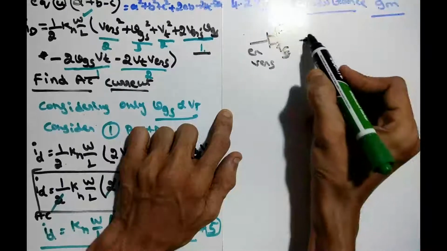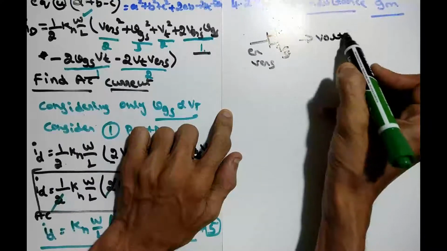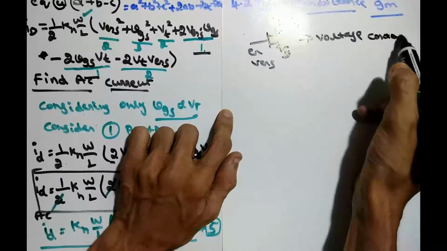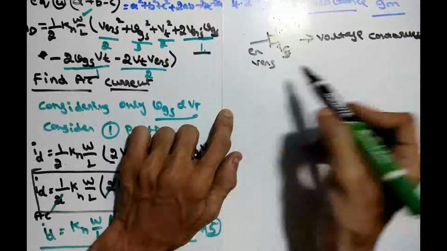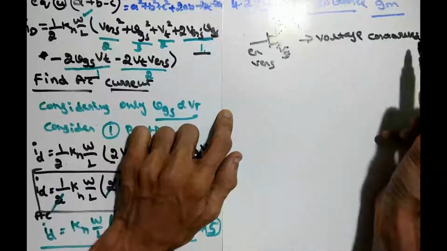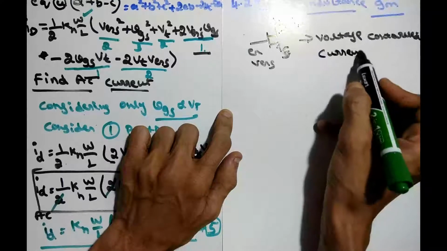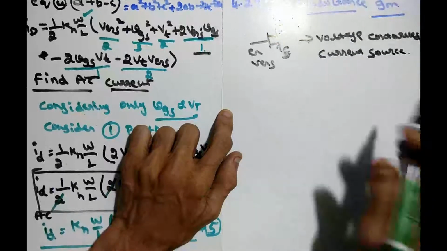So it behaves like voltage controlled. Voltage controlled means the input is your voltage, that is nothing but VGS, which can be controlled using your biasing that we studied previously. So it is voltage controlled and current source. Current source means ID we are taking as output, so this can be controlled by your VGS.